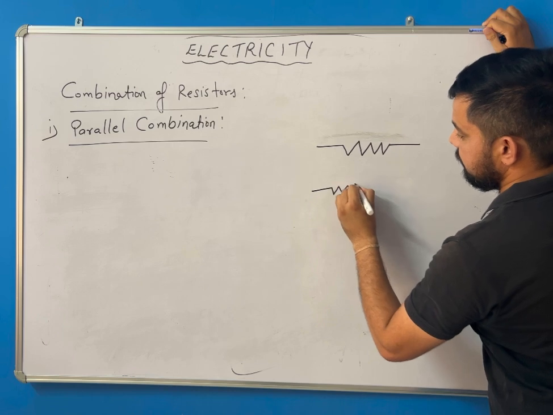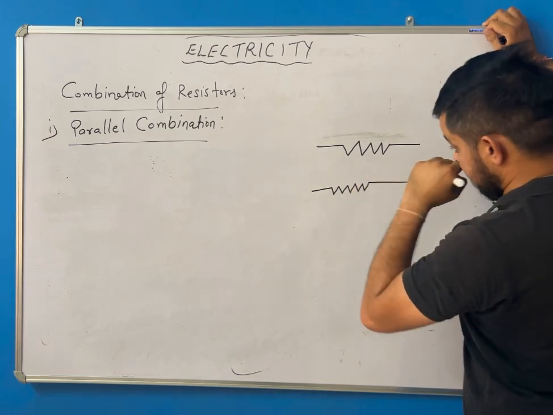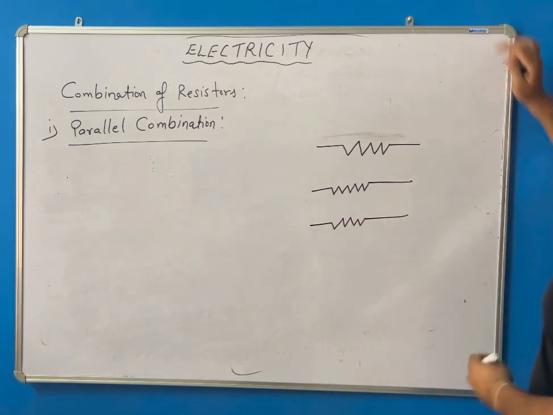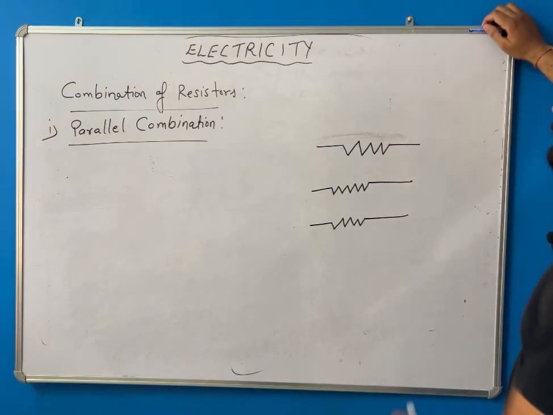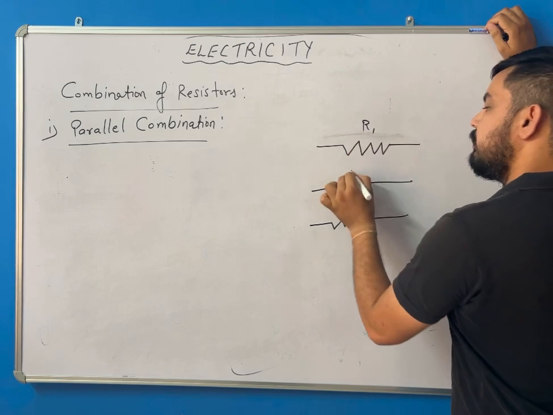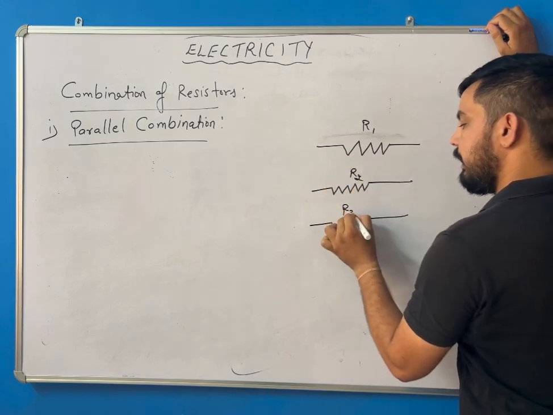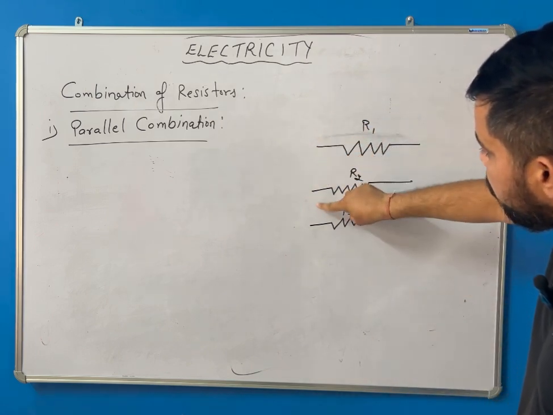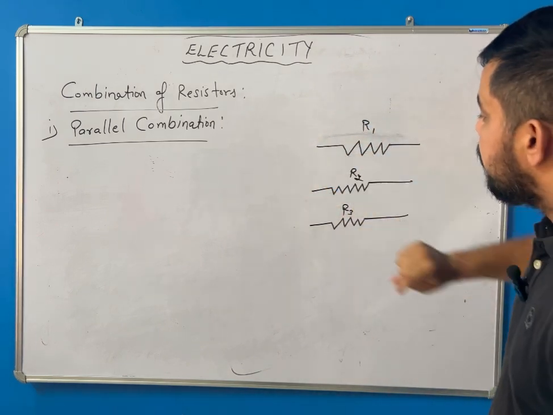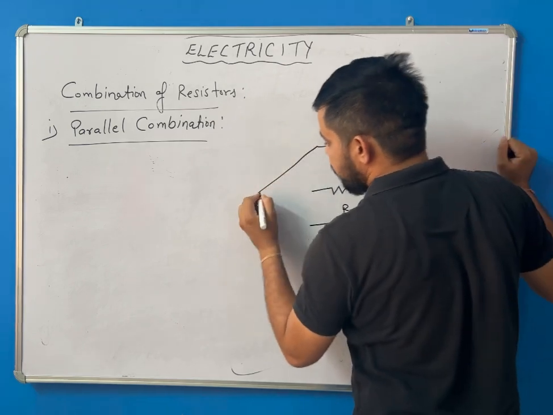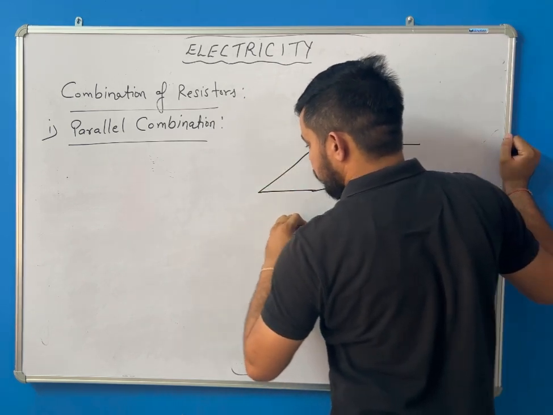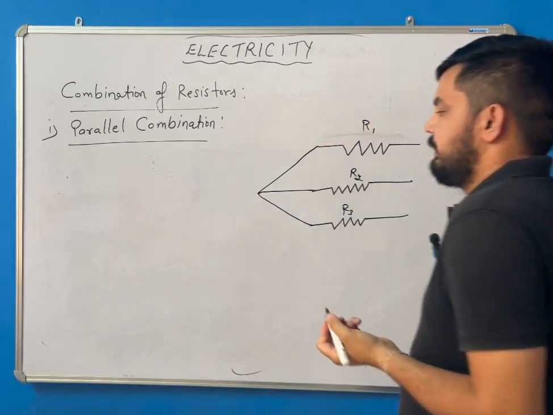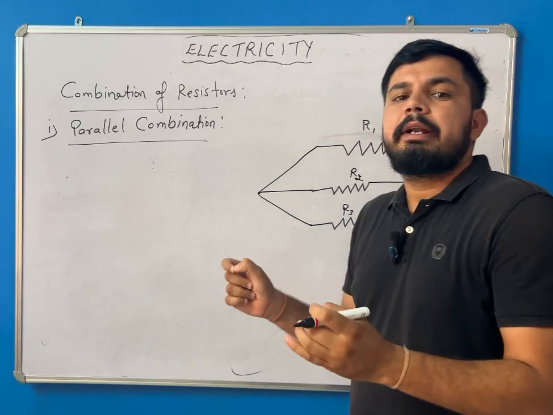We again take three resistors parallel to each other, whose resistances are given by R1, R2 and R3. Now, see, the first end of all these three resistors is connected to a point, and this point is called a junction.